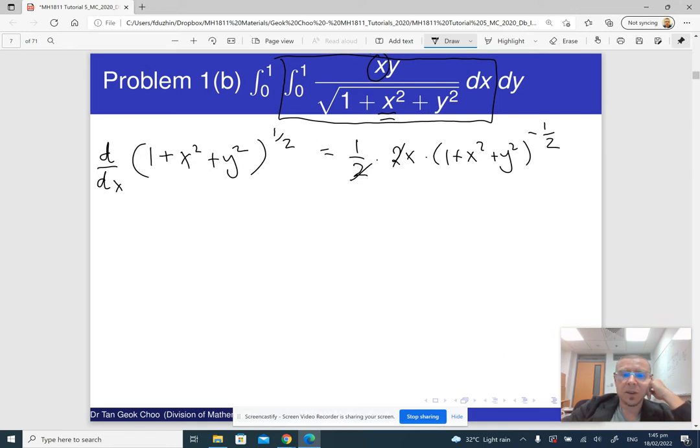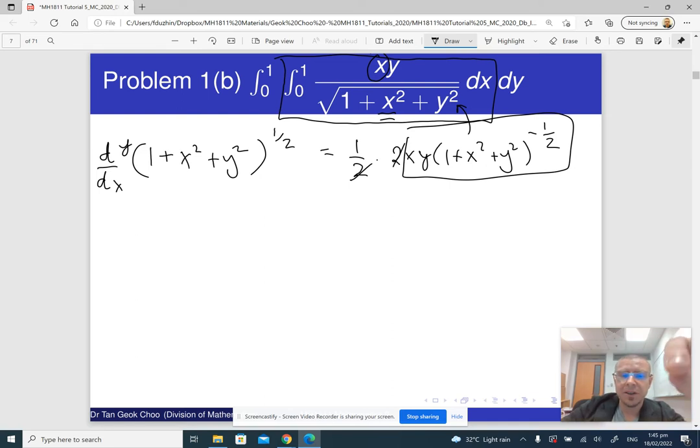And if you compare this to what we have in the integral, the only term that is present there but not here is y, right? So basically, if you multiply this by y, you get exactly the same expression as here, right?